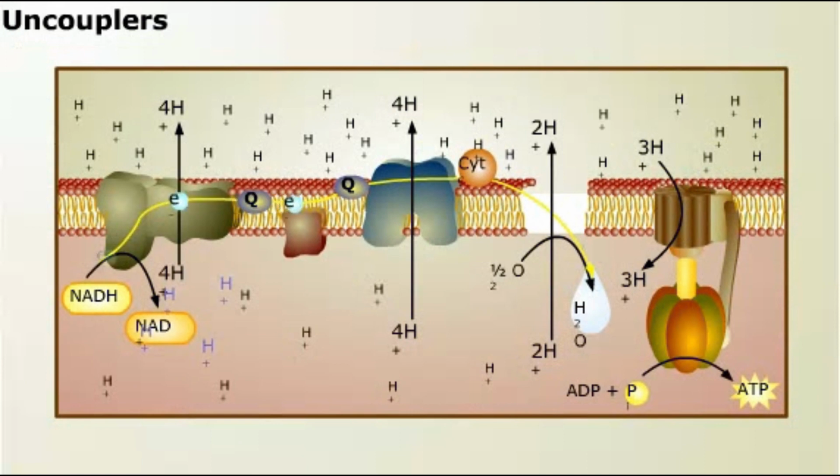The released energy is used to pump protons out of the matrix. The ability of the protons to flow back into the matrix without entering complex 5 has no effect on the transfer reactions. ATP synthesis is not spontaneous. It requires the energy released as the protons flow back into the matrix.